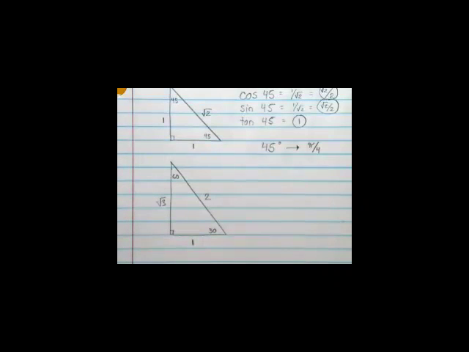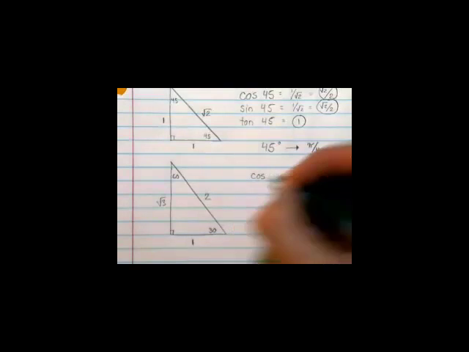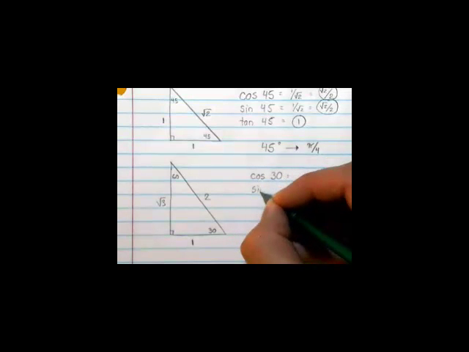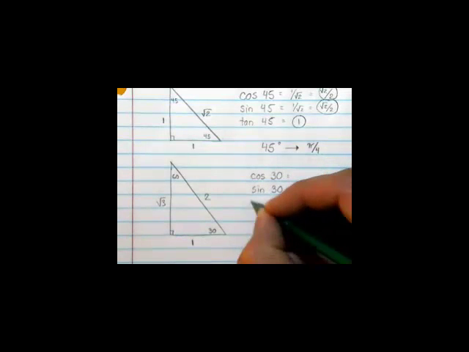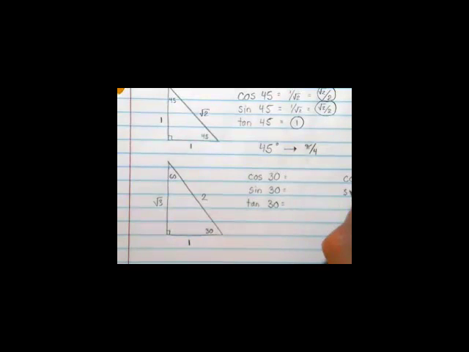So using this triangle, we're going to come up with some more trig that you guys should have memorized by the time we're done. So cosine, sine, and tangent of 30, as well as cosine, sine, and tangent of 60.